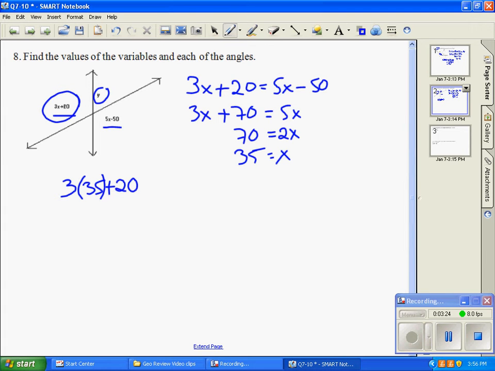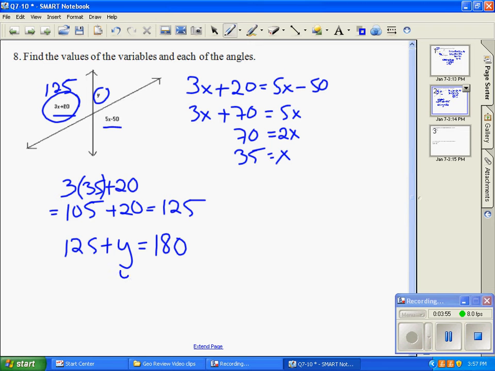Okay, so we have 105 plus 20 equals 125. So this angle is 125, and it's a linear pair with y. So let's figure that out. So 125 plus y equals 180.